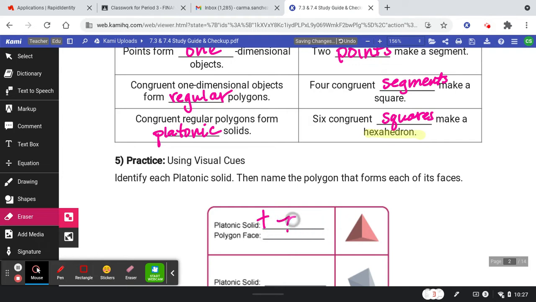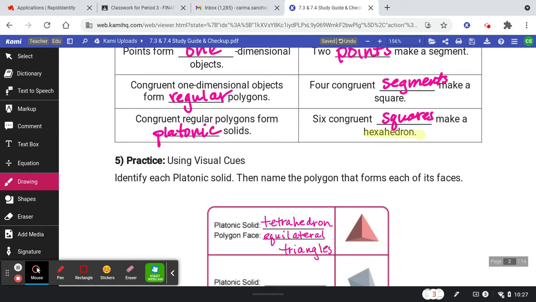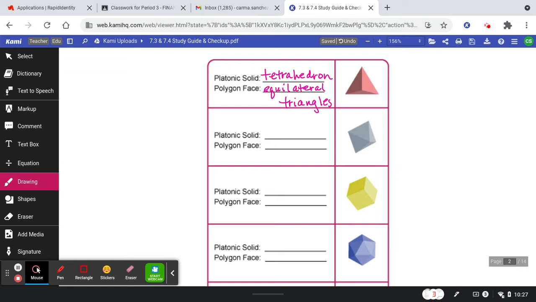This is looking kind of squished. Much better. Okay, next, to look at that picture, we've got an octahedron. And that's made up of equilateral triangles as well. Can you see it there in the picture?